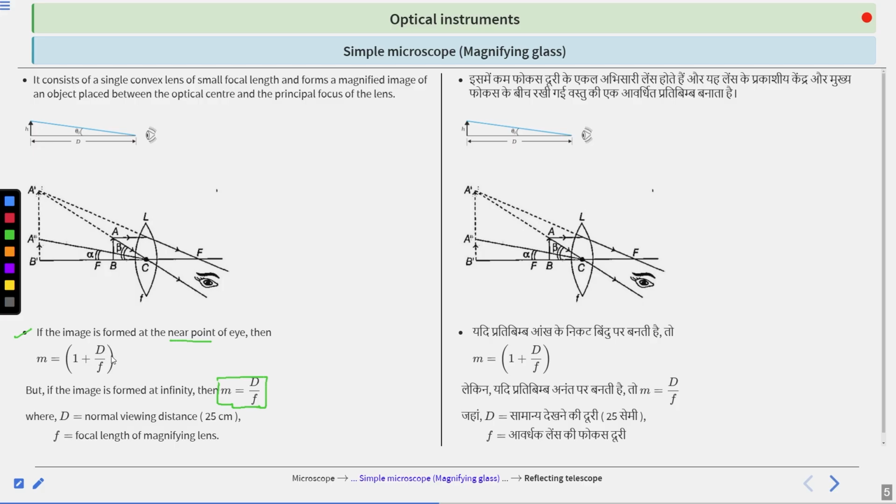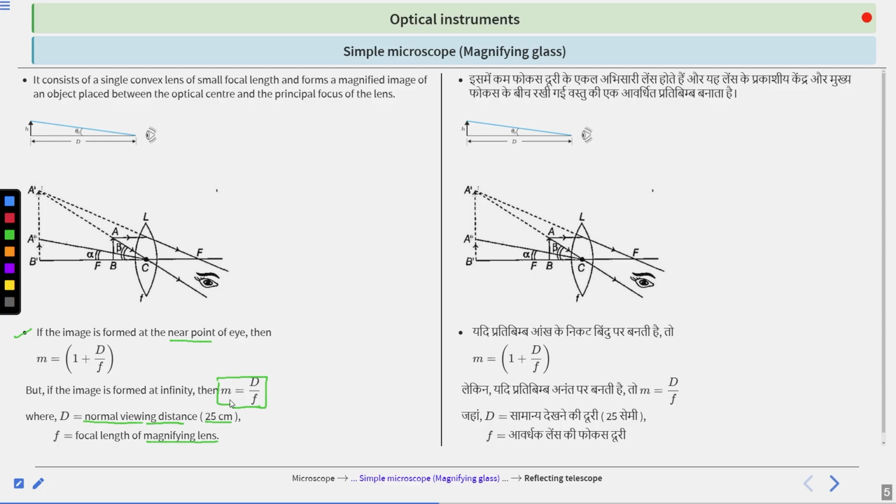Where m is the magnifying power and D is the normal viewing distance for the human, and that distance is 25 centimeter. And f is the focal length of the magnifying lens. Clear?